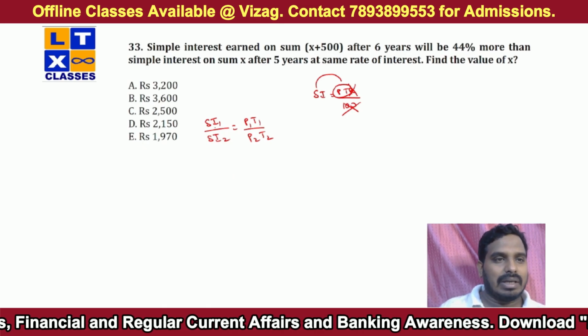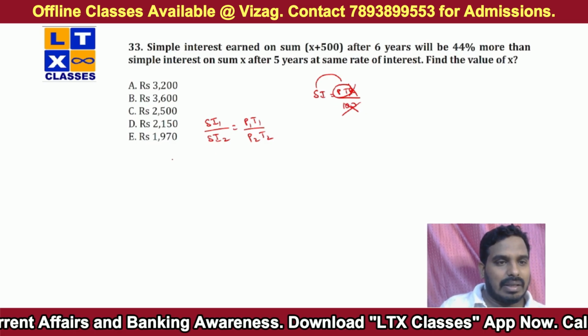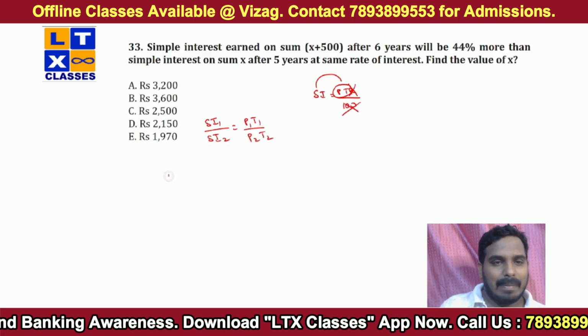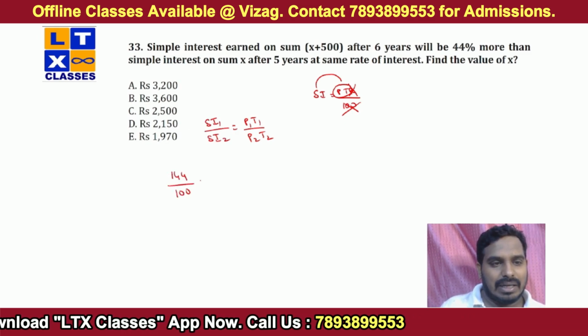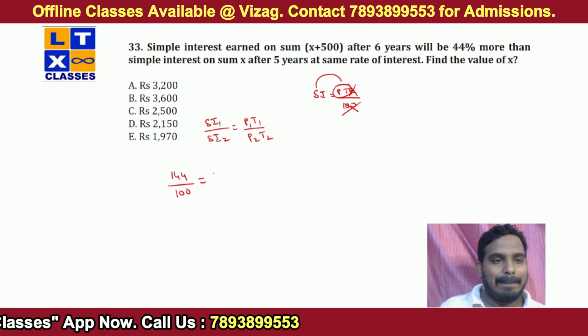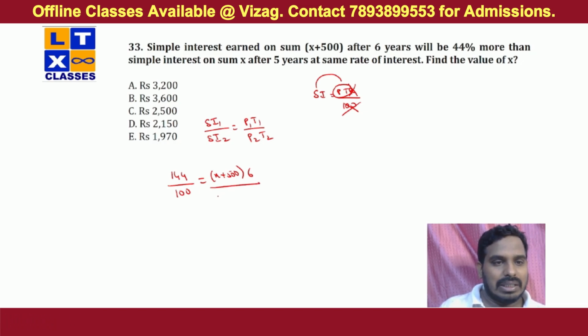Now, what is simple interest? This is 44% more, right? So this will be 144 by 100, which is equal to principal x plus 500 into time 6 years by x for 5 years, right?